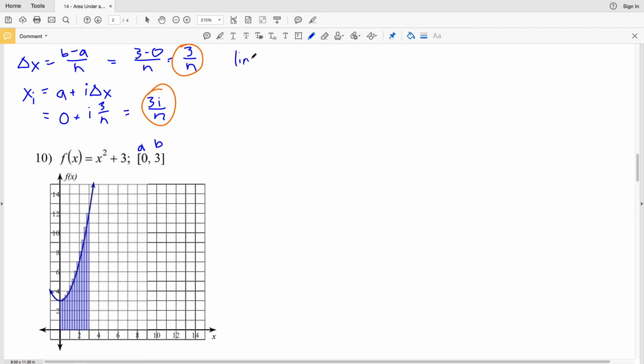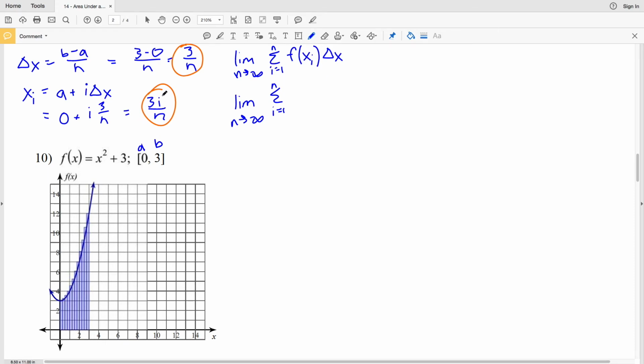The limit as n approaches infinity of the summation from i equals 1 to n of f of x sub i times delta x. So that's going to be the limit as n approaches infinity of the summation from i equals 1 to n of f of x sub i.